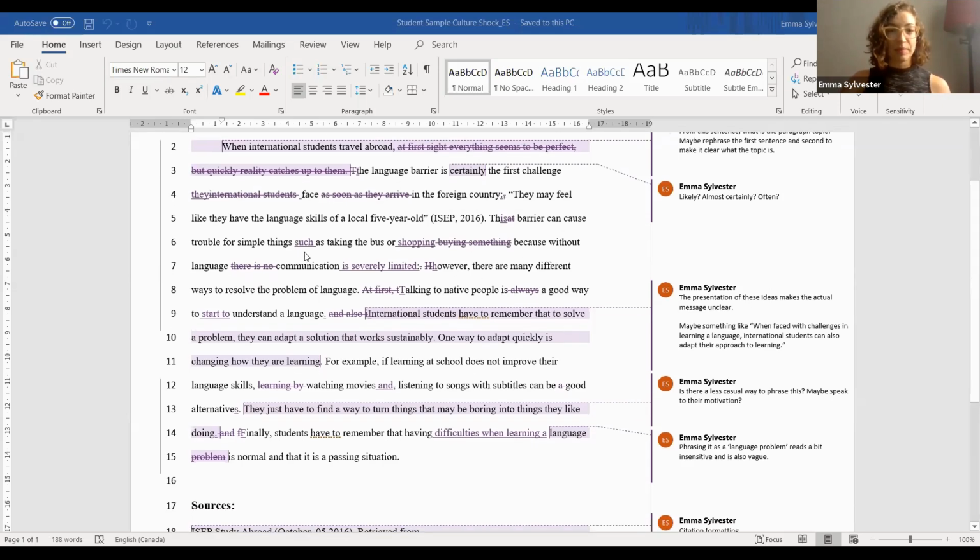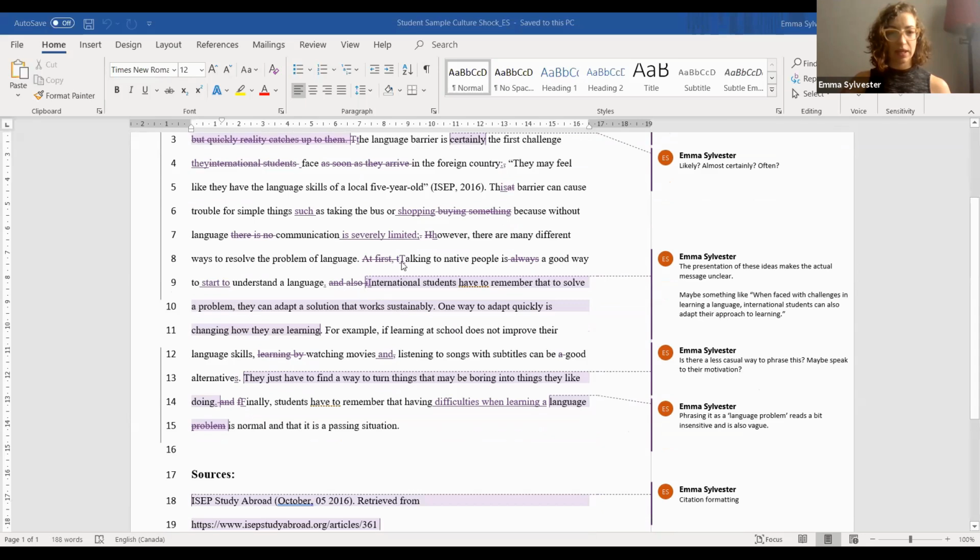I also included, Mia, you mentioned transitional devices, "trouble for simple things such as," including that transitional device, maybe reducing some wordiness. I made the comment here: I felt like "international students have to remember that to solve a problem, they can adapt a solution that works sustainably. One way to adapt quickly is changing how they are learning."